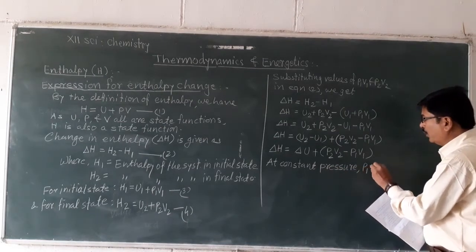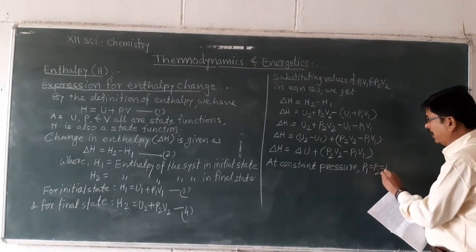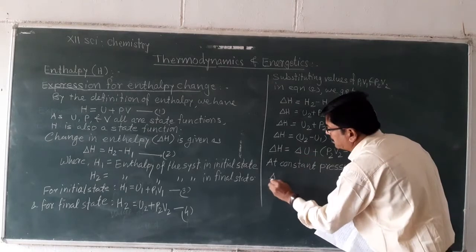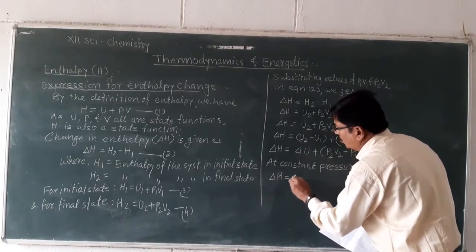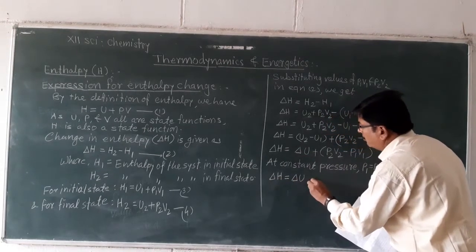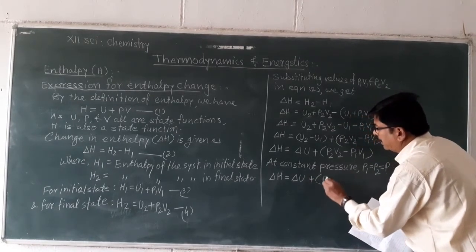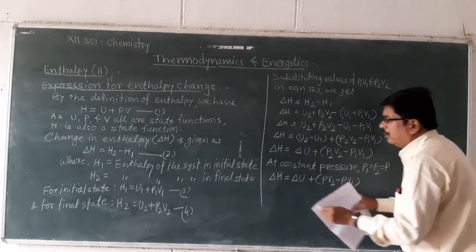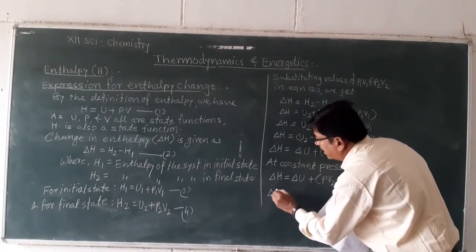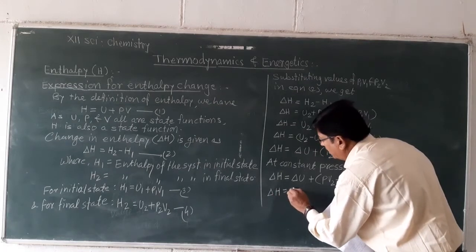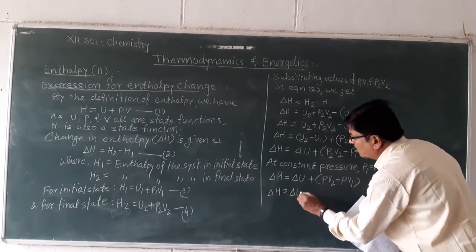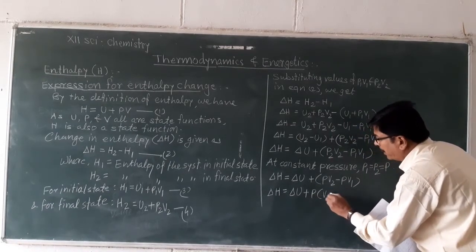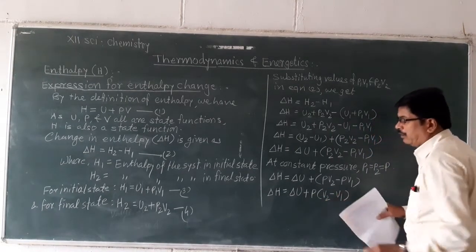Now change in internal energy is delta U, so delta H is equal to delta U plus, in bracket, P2V2 minus P1V1. At constant pressure, P1 is equal to P2, say it is P. Then delta H is equal to delta U plus, in bracket, PV2 minus PV1. Take P common. Then delta H is equal to delta U plus P into V2 minus V1.